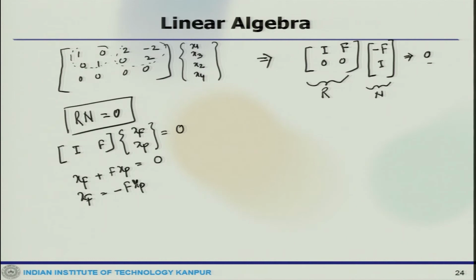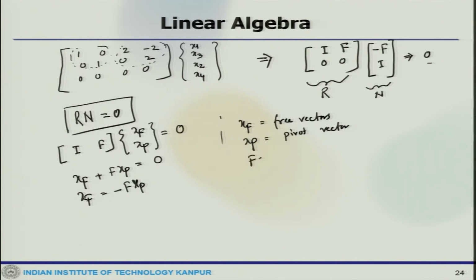Here x_f are the free vectors, x_p are the pivot vectors, okay.